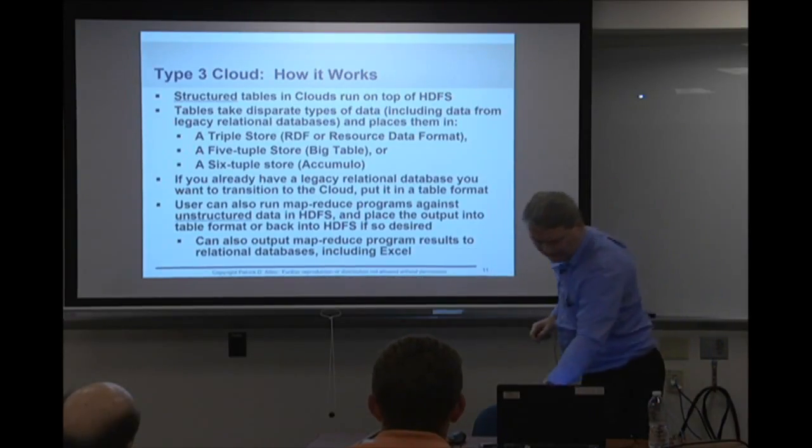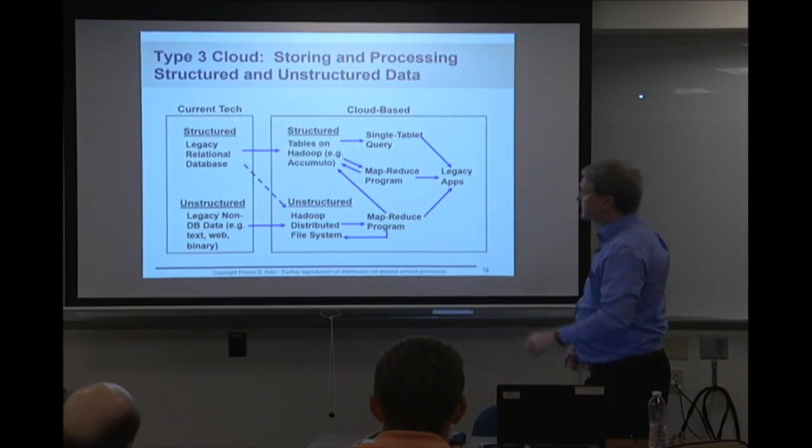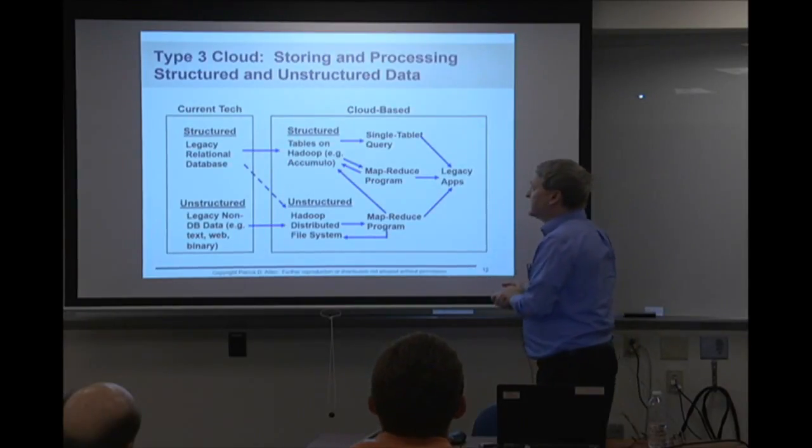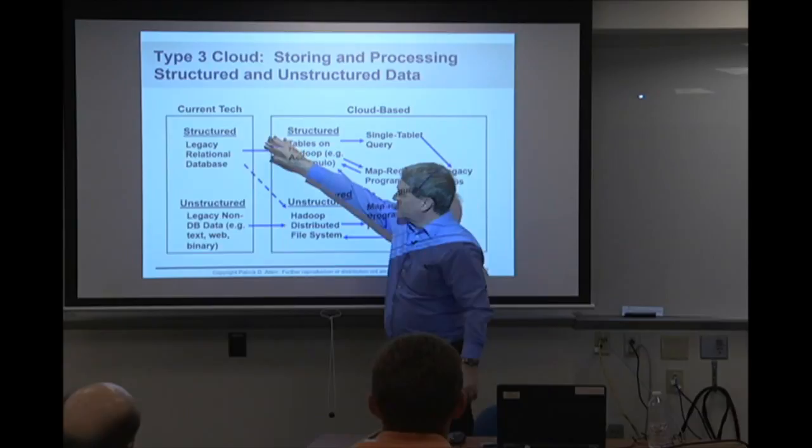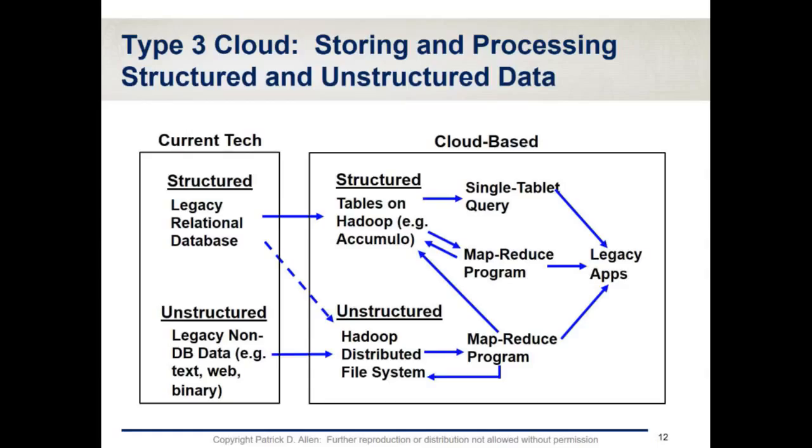Okay. So here's an example of what you can do with cloud. So the current technology, you got structured database, which is legacy relational database, and unstructured, which is legacy non-database, like web, binary, text, et cetera. And going into the cloud, you can take the structured database and put it into tables like in Hadoop or, for example, Accumulo.